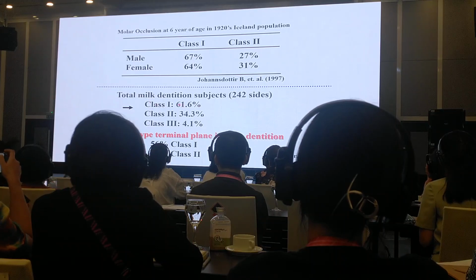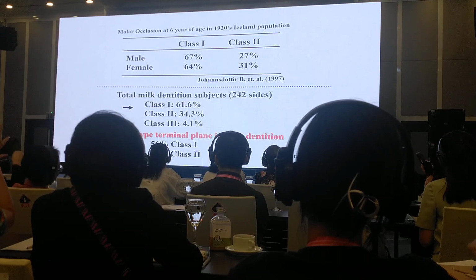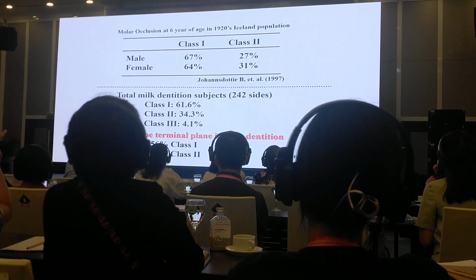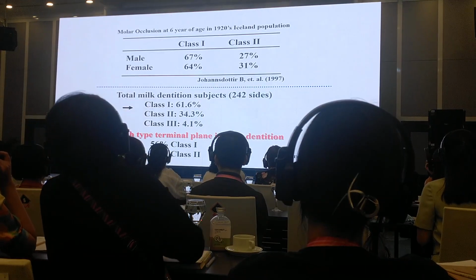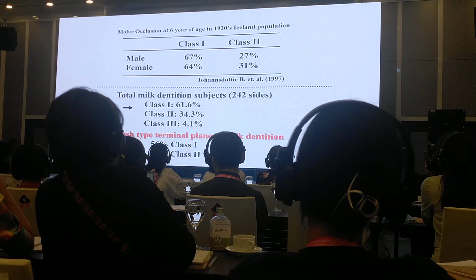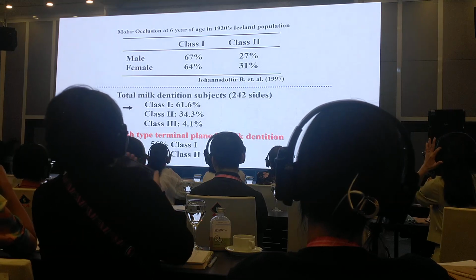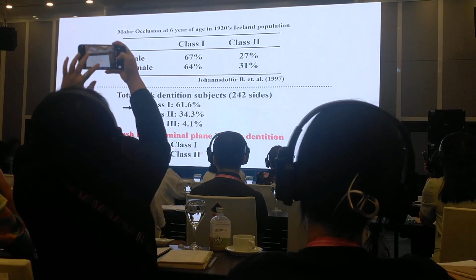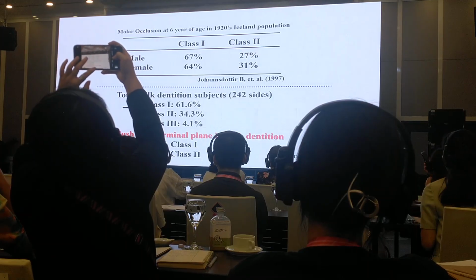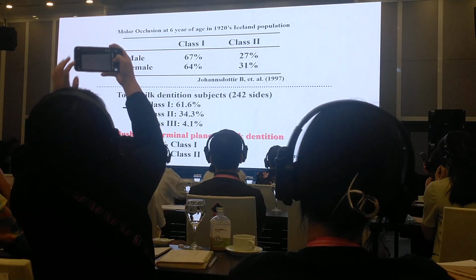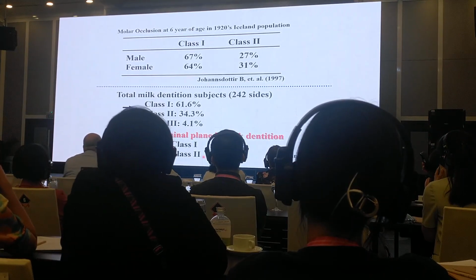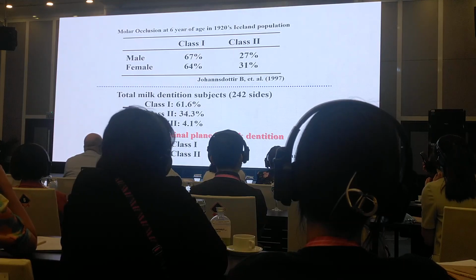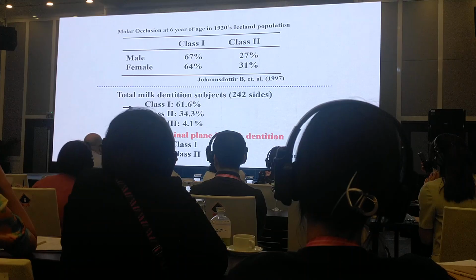This is the majority. But with this flush or vertical type terminal plane in the milk dentition, finally 56% established plus 1 occlusion, but 44% were still plus 2 after completion of the permanent dentition. Pretty many, yeah?